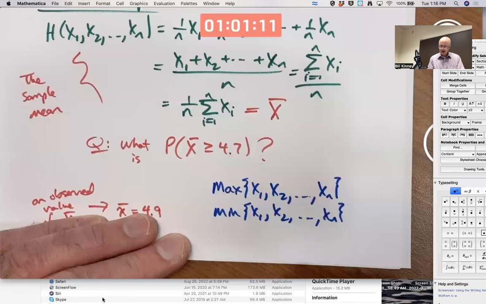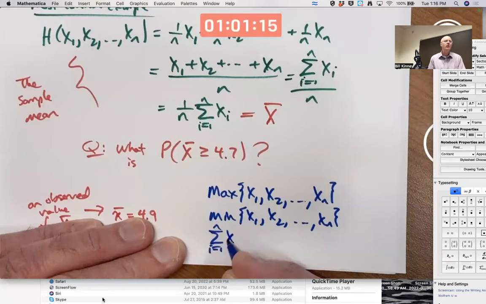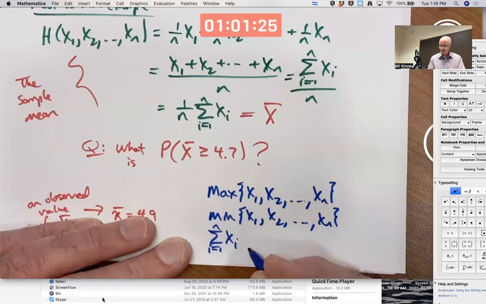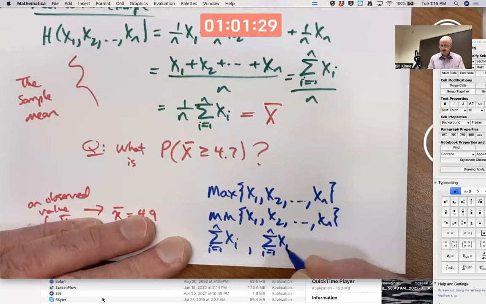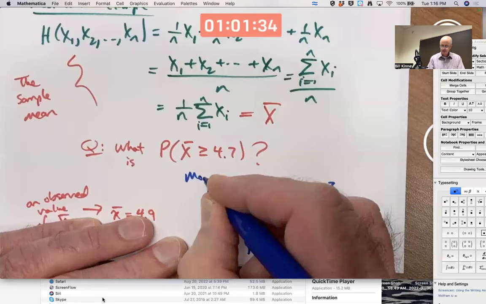how about the sum of the x's by itself without dividing by n? Maybe that's important. Yeah, it is sometimes to just think about the sum rather than the mean. How about the sum of the squares of the values of the x's? These are more examples here.